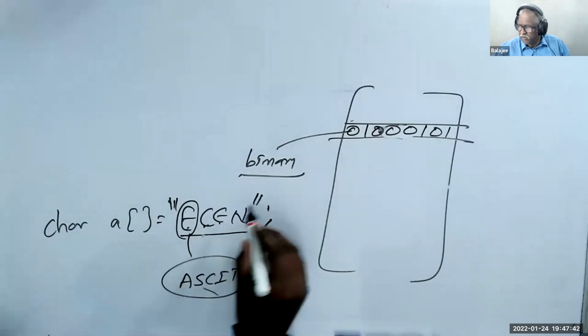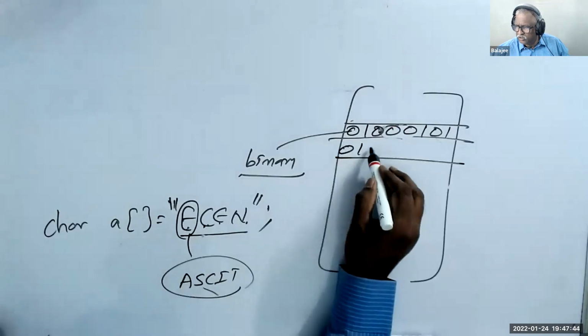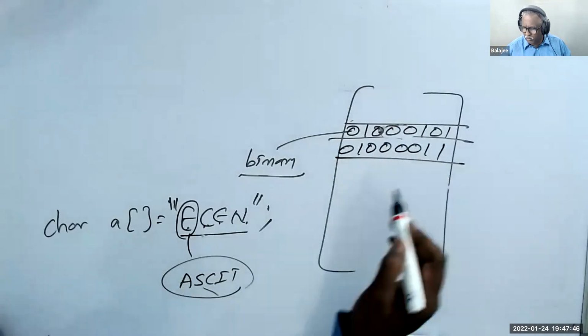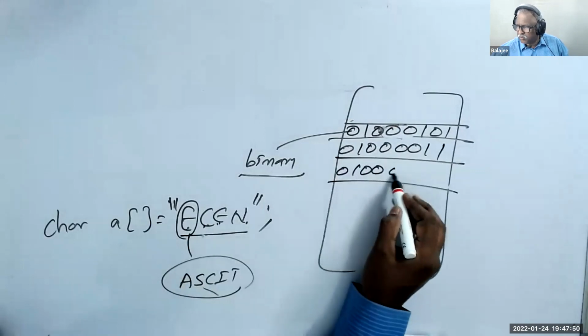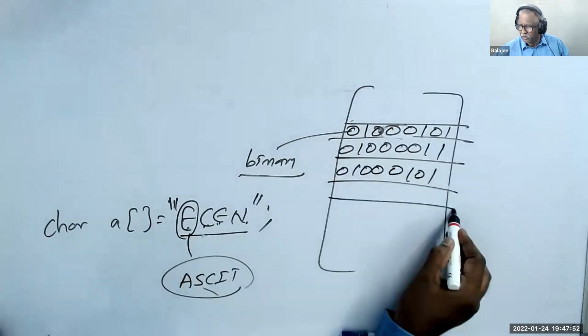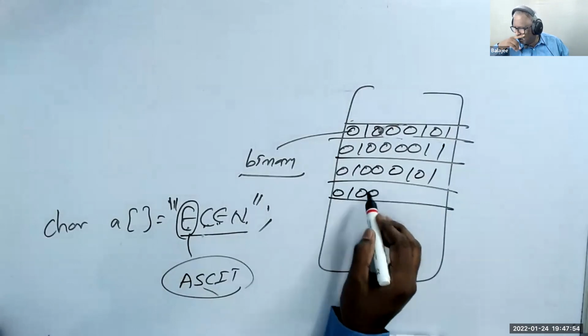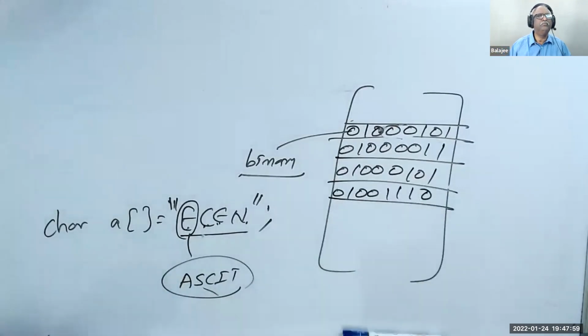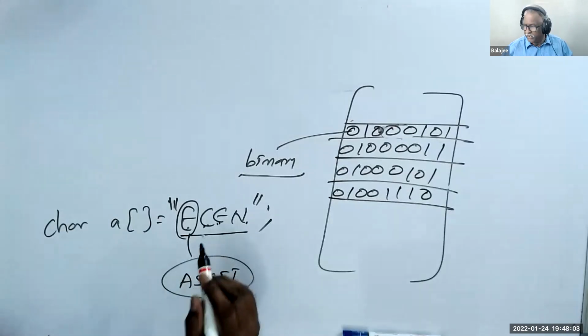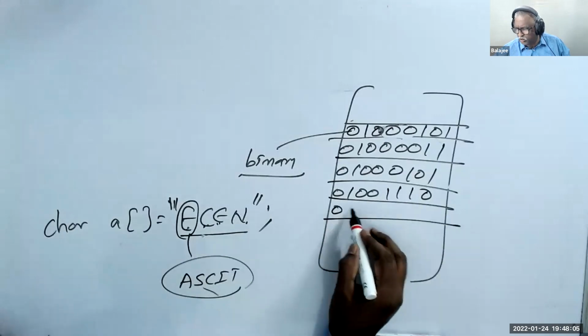Then for C, it's stored 0, 1, 0, 0, 0, 0, 1, 1. For E, 0, 1, 0, 0 and so on. For N, 0, 1, 0, 0, let us assume 1, 1, 1, 0. Now, the beauty is that the last one will be 0, 0, 0, 0.